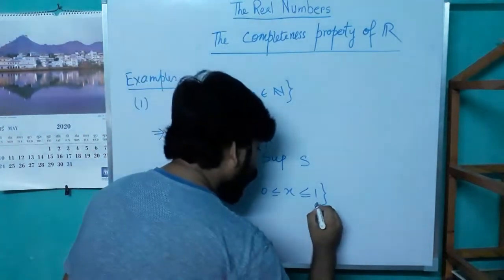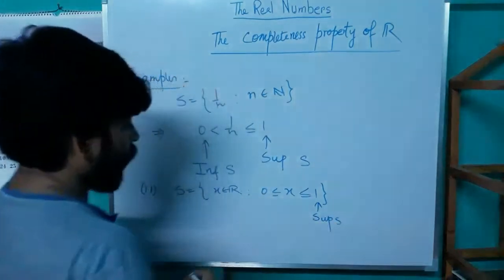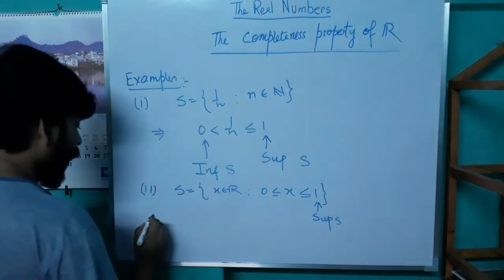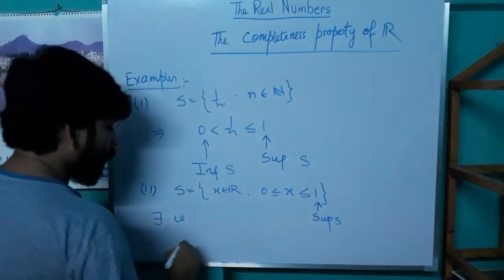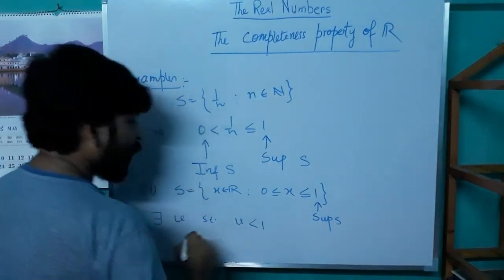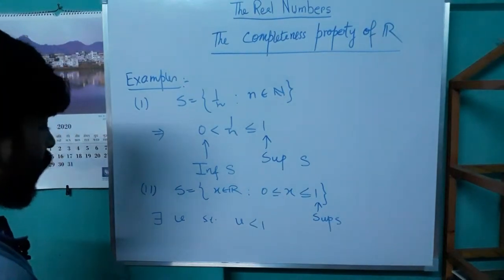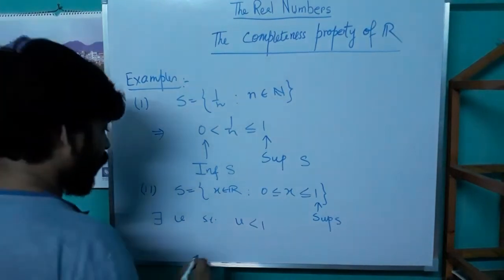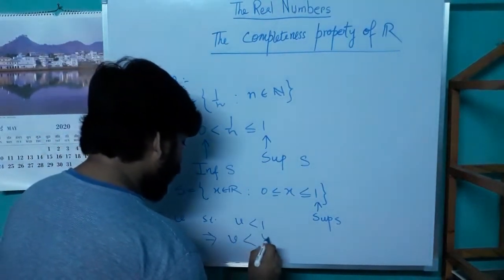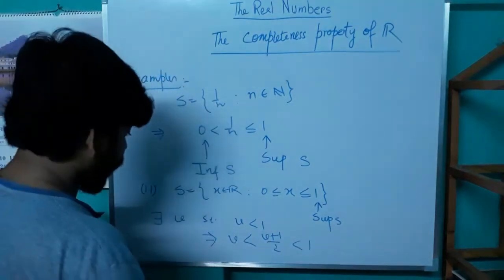Claim: 1 is the supremum of S. If 1 is not the supremum, then there is an element V such that V must be less than 1 and V is the supremum of S. Now V is strictly less than (V plus 1) by 2, and strictly less than 1.